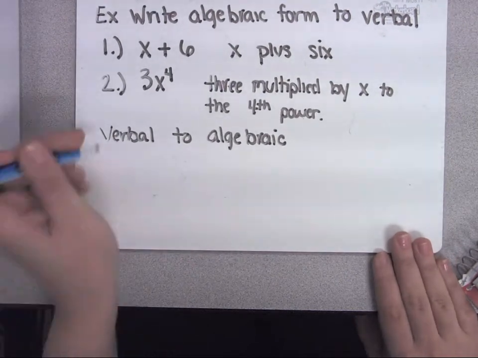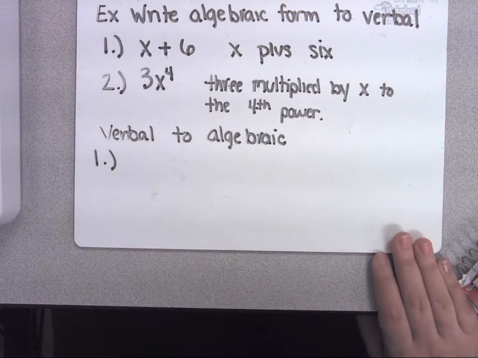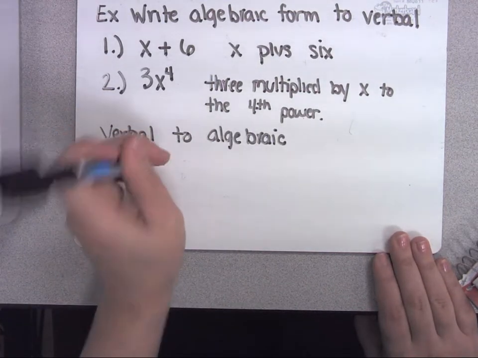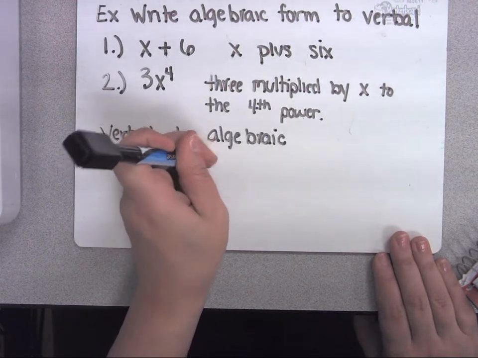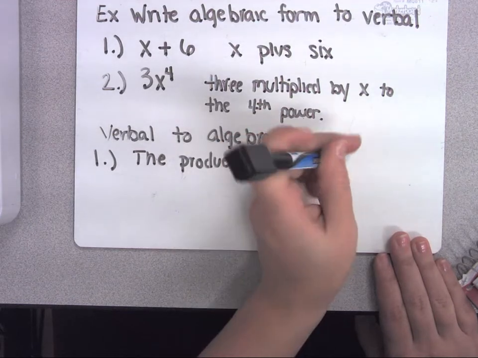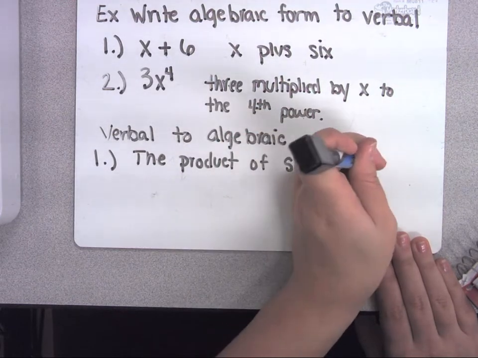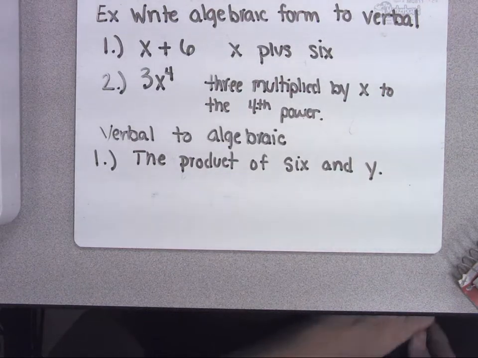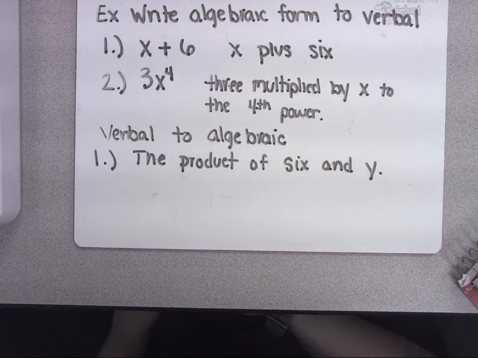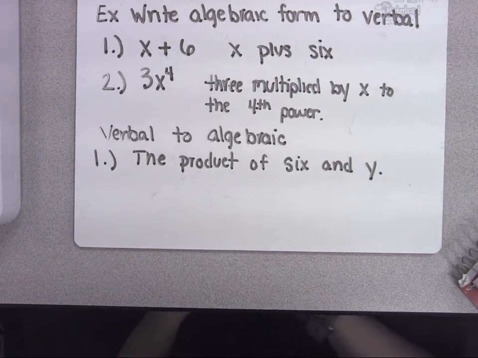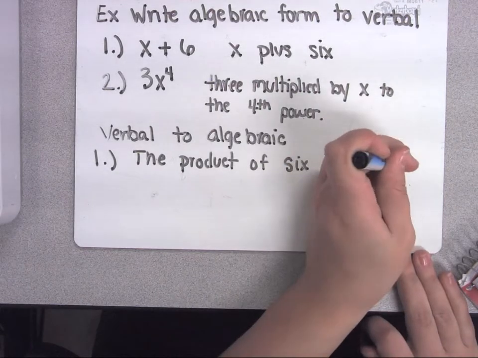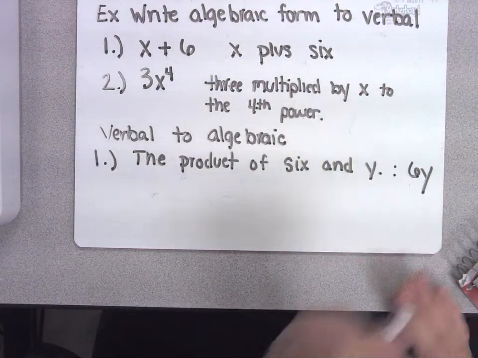First one, I'm going to write the product of 6 and y. That's my sentence. The product of 6 and y. Literally just, the answer is 6y.